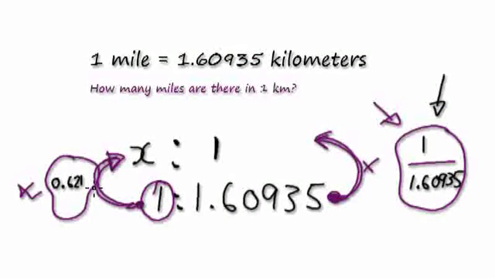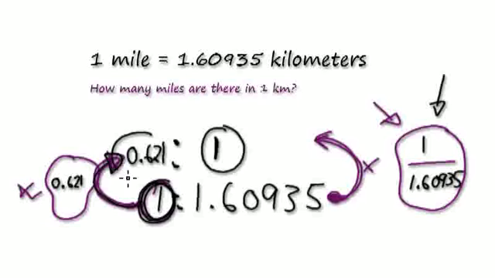Let's just say 21 here. So now, if you want to know x, you would start at the 1 here, times the multiplier. That would take you into the x. So it's basically 1 times the multiplier, which is 0.621. So you see, 1 kilometer here equals 0.621 miles.